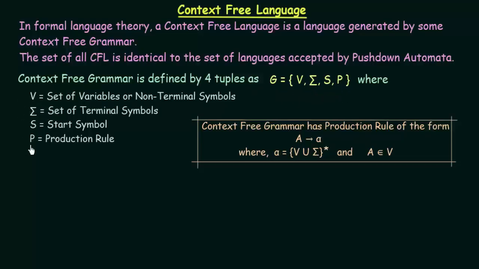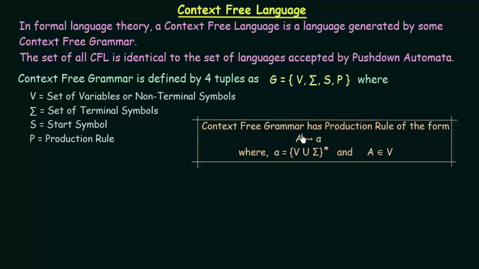They mean the same as in the case of regular languages, where V is the set of variables or non-terminal symbols, sigma is the set of terminal symbols, S is the start symbol, and P is the production rules. So what is the difference between regular grammar and context-free grammar? The difference lies in the production rule.